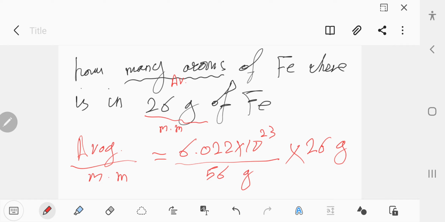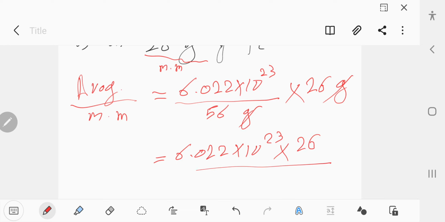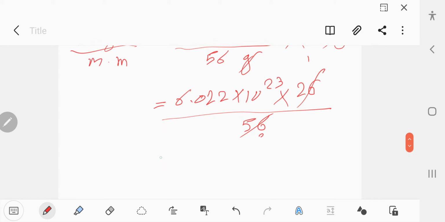Gram cancels with gram. So the answer will be 6.022 times 10 to the power 23 times 26 over 56. 1, and this is 2. So the answer will be 3.011 times 10 to the power 23 atoms of Fe.